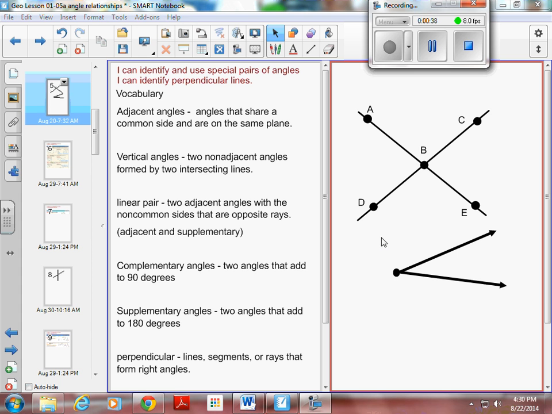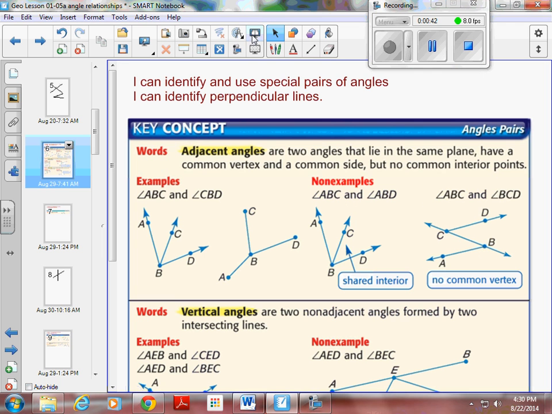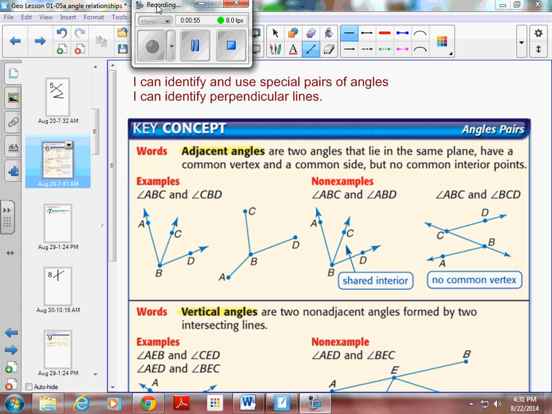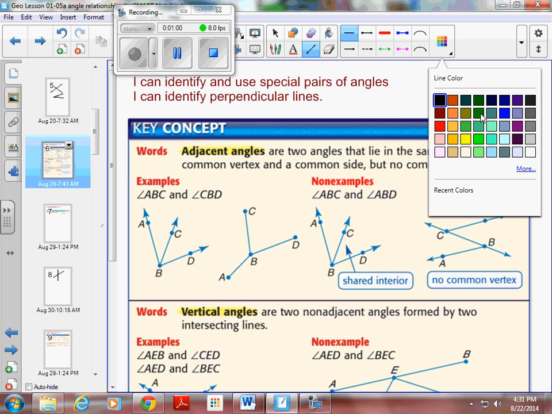Angles that are not adjacent. Let's go look at this example here. Angle ABC and angle ABD. Let's make those darker so we can see them. Let me change this to green.